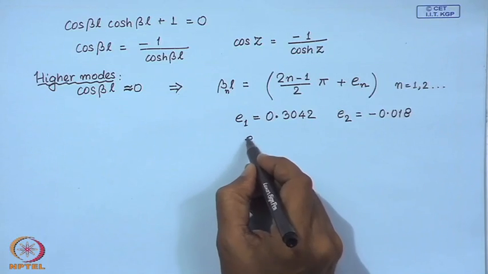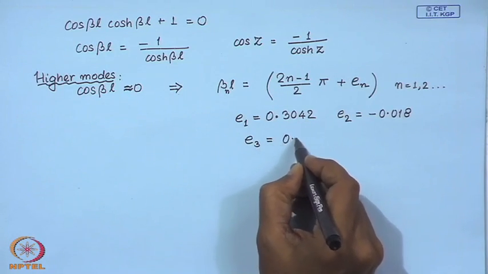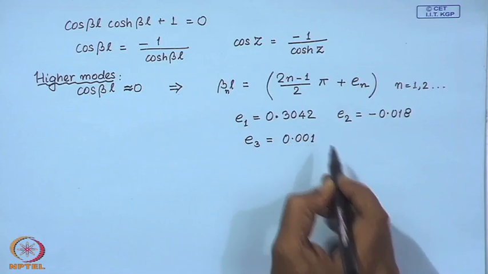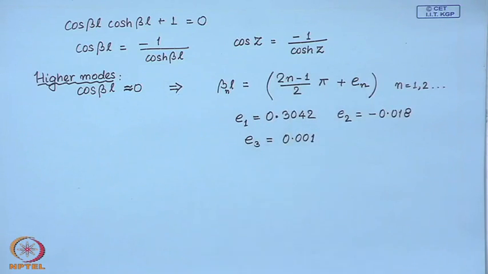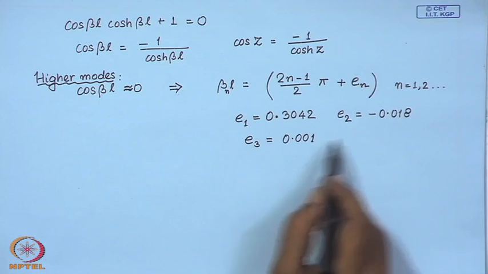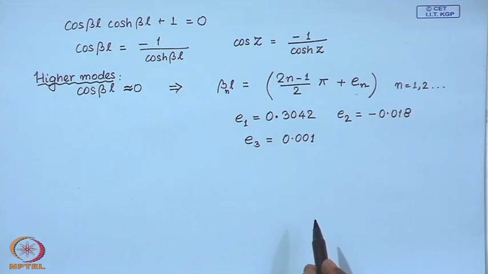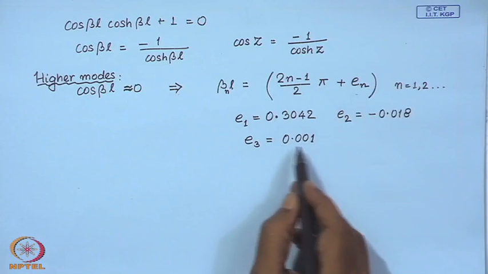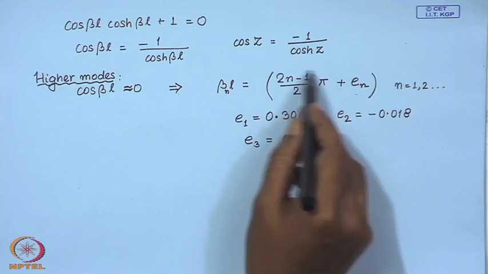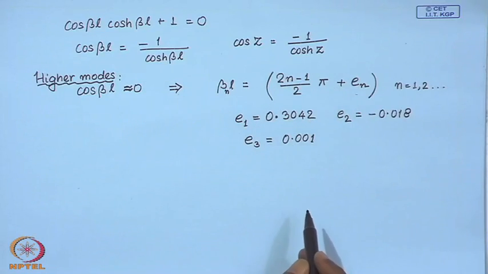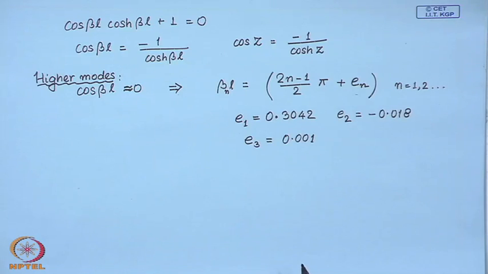If you calculate for the third mode, then it deviates from this value by this amount. So, as you can see, this E n, the correction, is rapidly diminishing. So, for higher modes, it suffices to use 2 n minus 1 over 2 times pi as beta n into L.